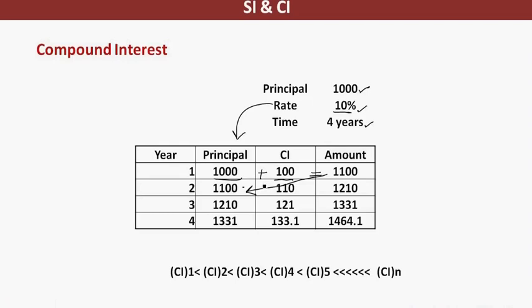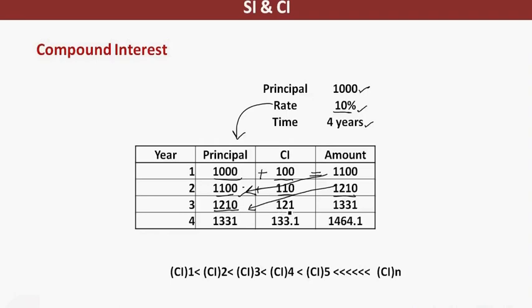Something similar to the concept of successive percentage change that we have studied in the topic of percentage. So into this 1,000, I add the interest. Now interest will be 10% on 1,100. If I calculate 10% on 1,100, it's 110. This compound interest is added into my account, giving me a value of 1,210.